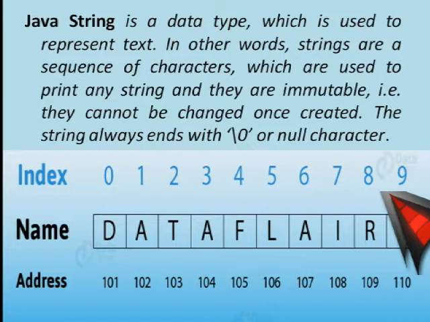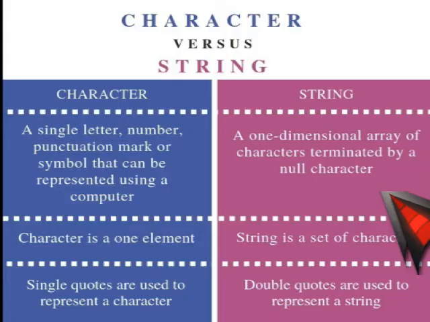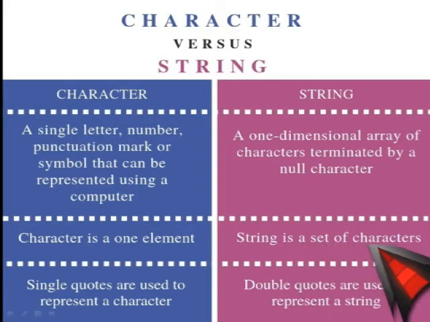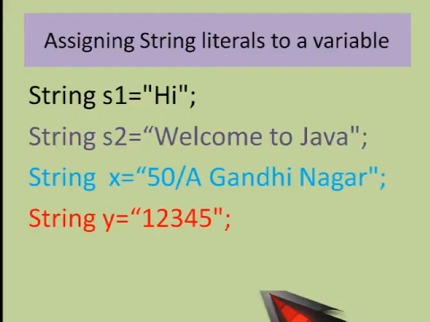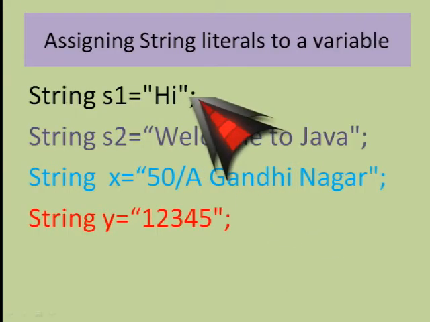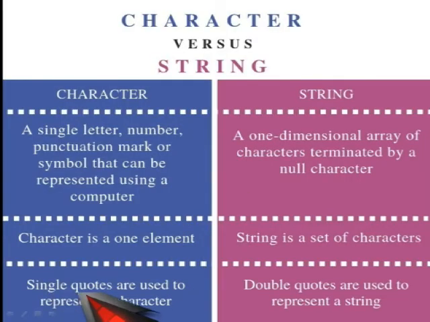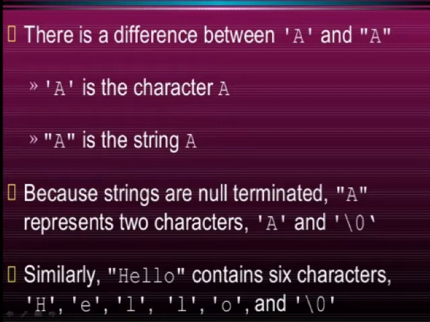Since a string is a set of characters, very important, a string is represented in double quotation marks and a character is represented in single quotation marks. As I was saying, there is a difference between single and double quotation.